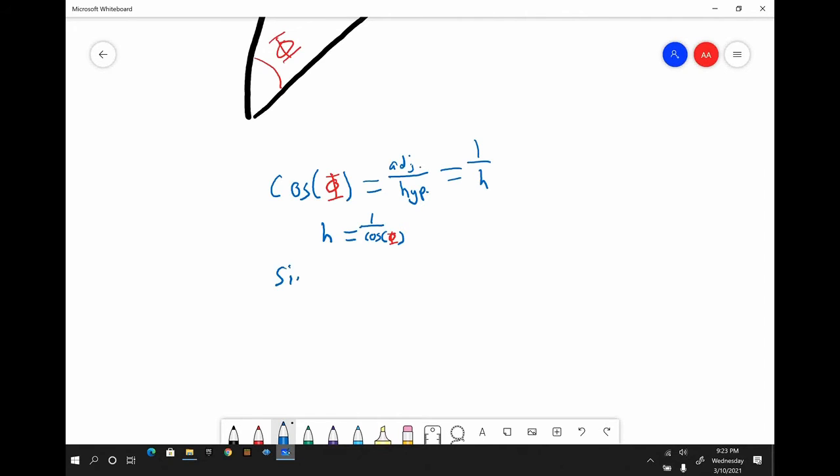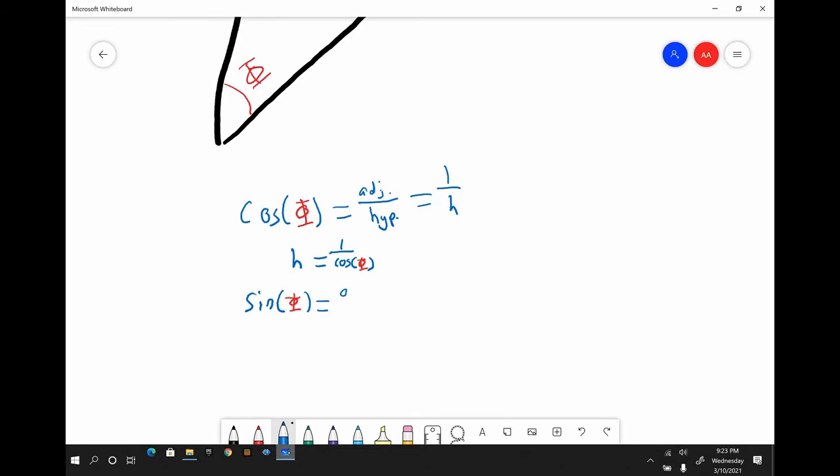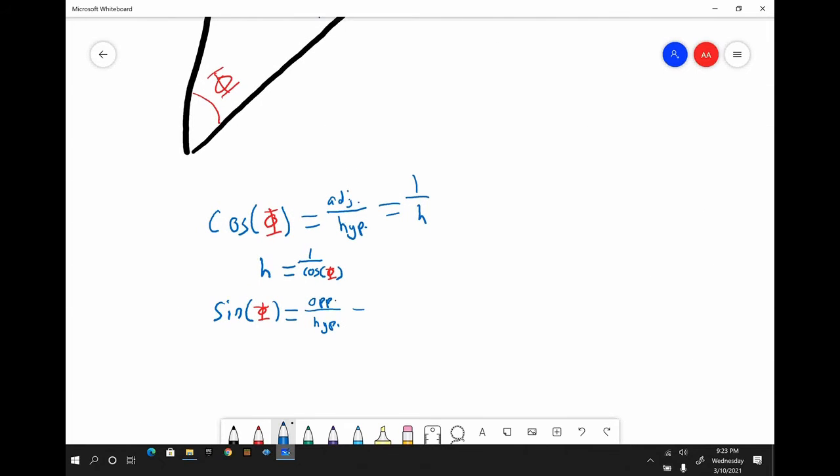So we'll get the sine of phi is equal to the opposite over the hypotenuse, which in this case is equal to r over h.